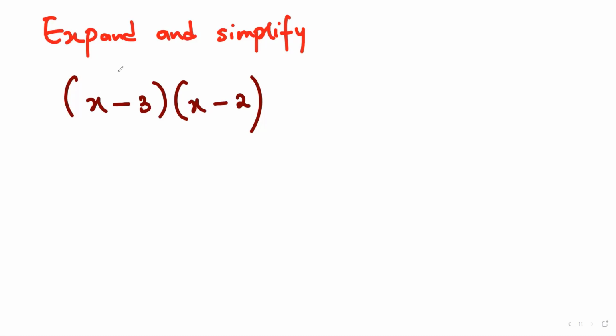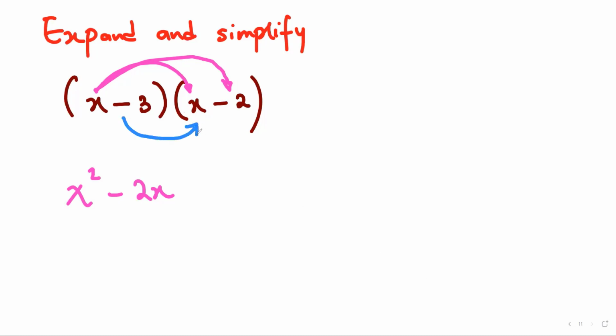X times x, which is x squared. And x times minus 2, which is minus 2x. Good. Then you do minus 3 times x, which will give you minus 3x. Minus 3 times minus 2, which will give you plus 6.